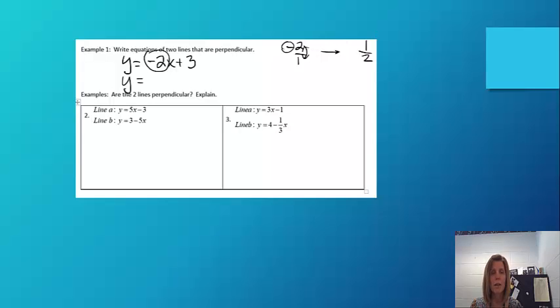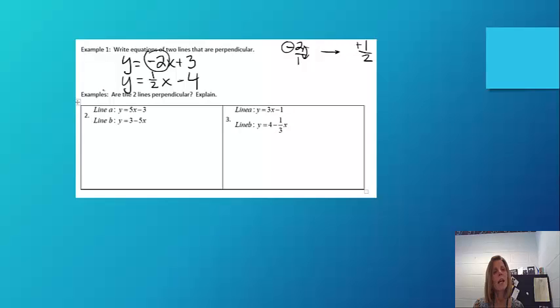And then the opposite of negative 2 would be positive. So this would be my new slope. So the slope of my new line is going to be 1/2 x. And then I can put whatever I want. I could put +3, I could put +8, I think I'm going to put -4. And it doesn't matter. The equations are perpendicular because they have slopes that are opposite reciprocals.